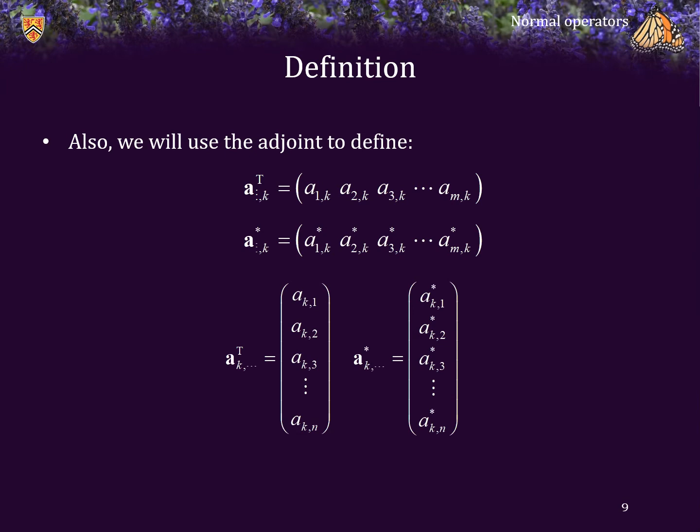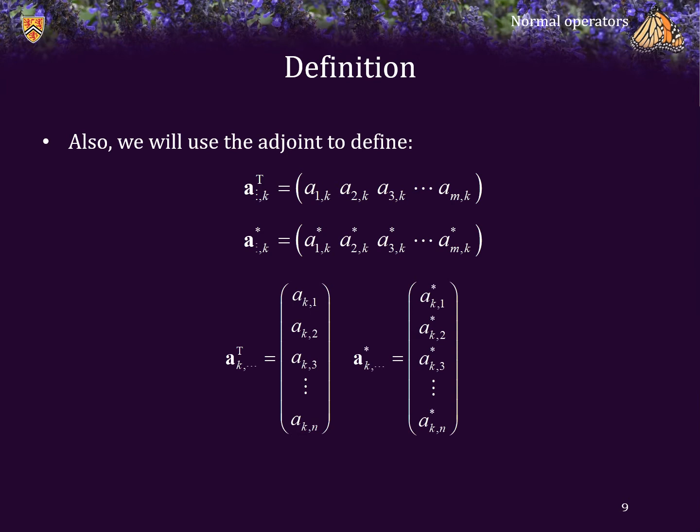The second version down is simply what happens if we take the conjugate transpose, which are the same entries in that row vector, but each entry is conjugated. At the bottom, A sub k ellipses represents the kth row.